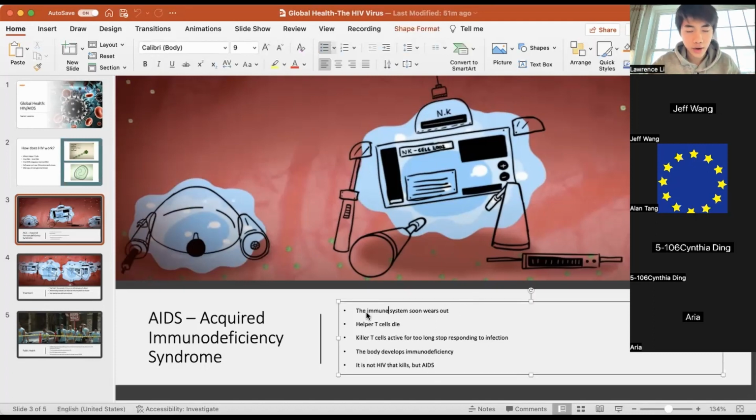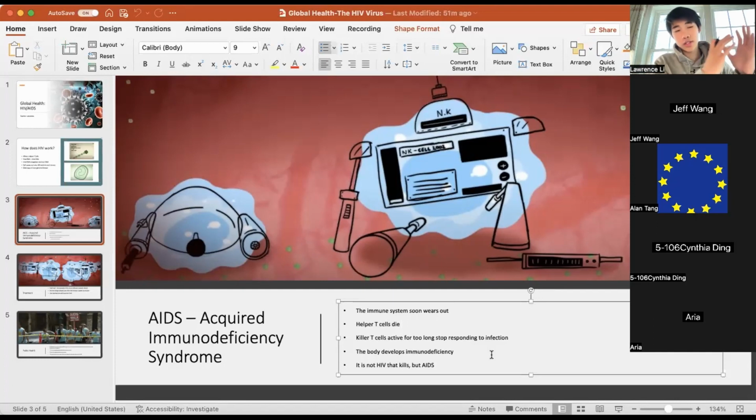And so you can see, I wrote here, the immune system wears out after a long time of fighting HIV. Because HIV affects helper T cells, these helper T cells die and they struggle to be replaced by the human body. Because so many are dying at the same time, the human body just can't keep up anymore. And killer T cells, which are the gung-ho fighters that we think of when we think about the immune system, will also stop responding to HIV infection.